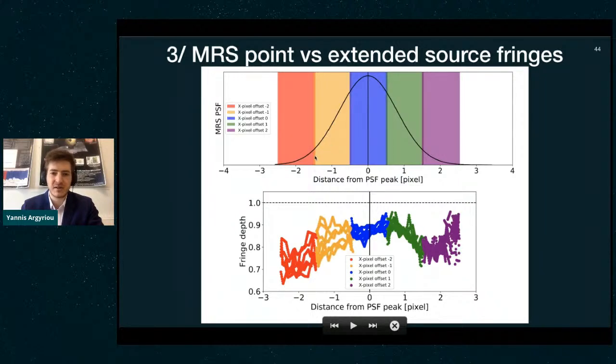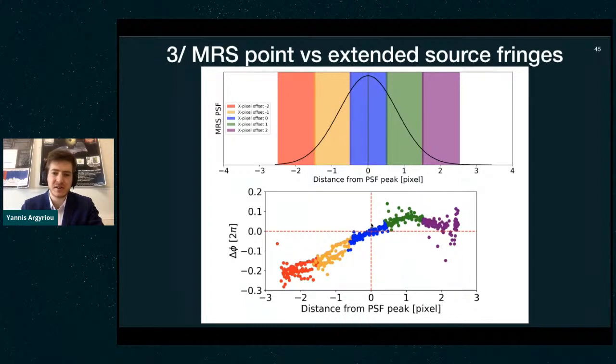So depending on which part of the pixel is illuminated, by which part of the PSF, you get a different fringe depth. And the same applies to the fringe phase, where we see that depending on which part of the PSF is sampled, the relative phase changes with respect to the extended source fringes.